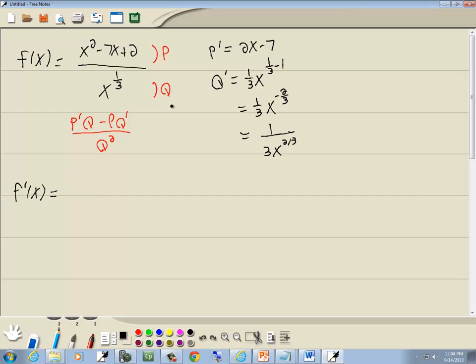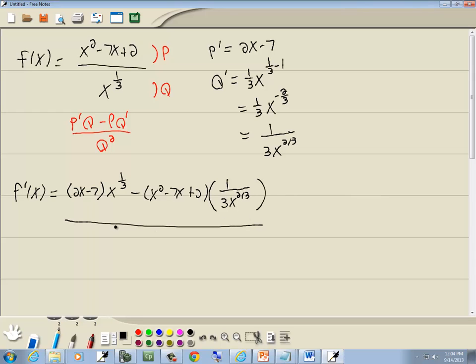Okay, p prime, we said was 2x minus 7, times q, which is x to 1/3, minus p, which is x squared minus 7x plus 2, times q prime, which is 1 over 3x to the 2/3. All over q squared, which would be your x to the 1/3 squared.